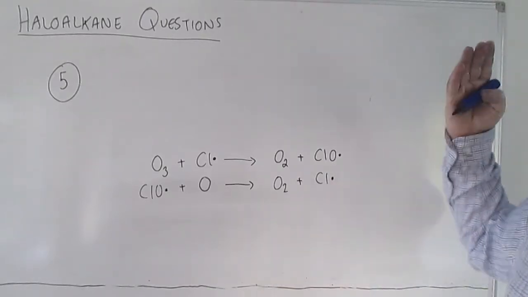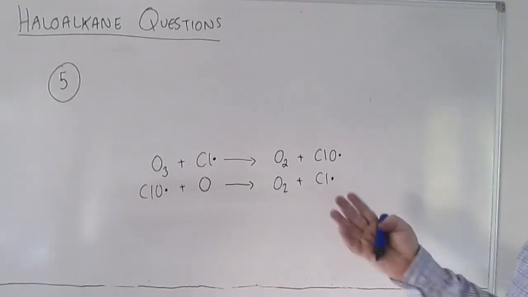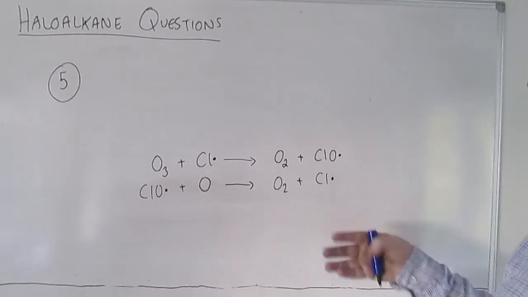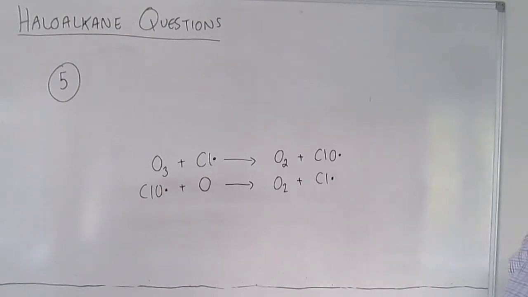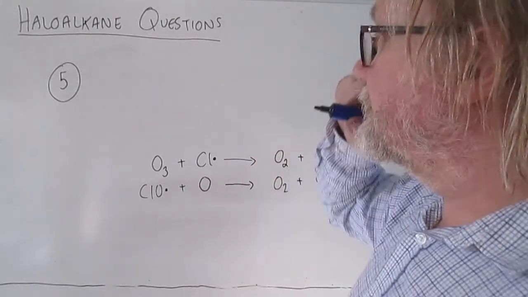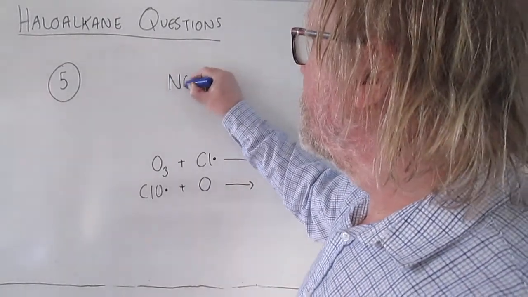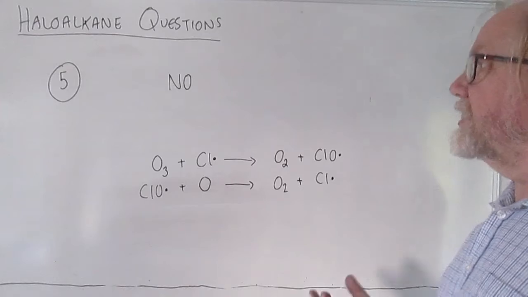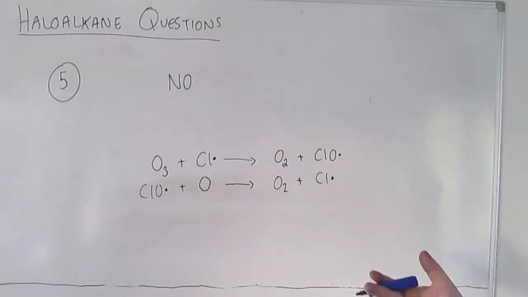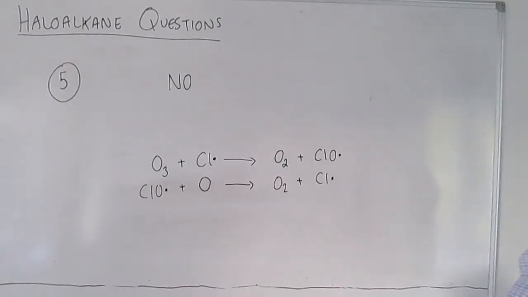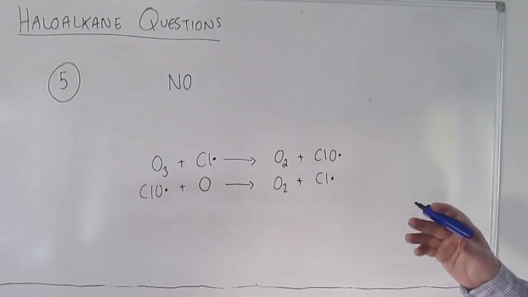And part G just makes the point that this reaction sequence, which is how chlorine radicals destroy ozone, you can get the same kind of reaction sequence with other radicals because they can all generate the same kind of propagation sequence. One that's very important is NO, which is nitrogen oxide, produced naturally by the effect of lightning.